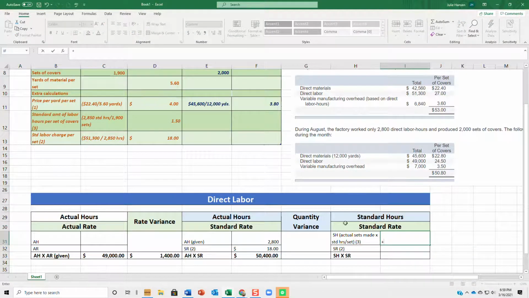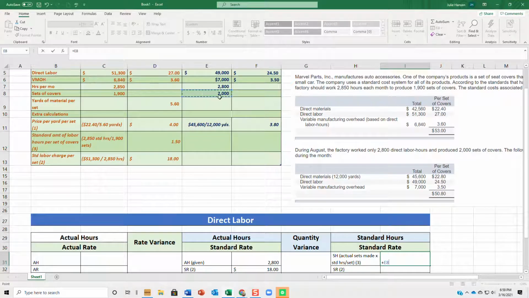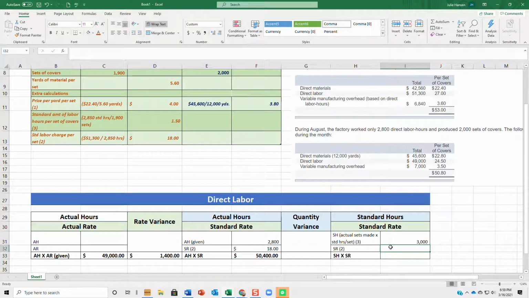So when I make the 2,000 seat covers that I actually did, I should have spent 1.5 hours on the total amount of seat covers, right? And my standard rate is what we figured out before, which was the $18. And now I can multiply that together.